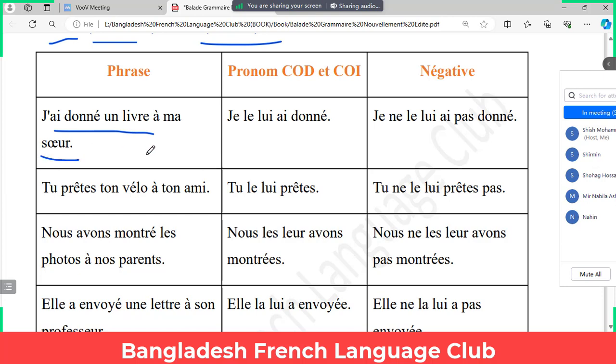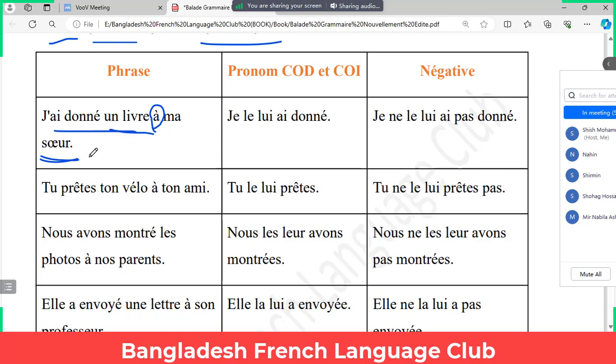Which one is direct and which one is indirect? Le livre is direct. Ma sœur is indirect, because you see the preposition here. So the first one is direct, the second one is indirect.